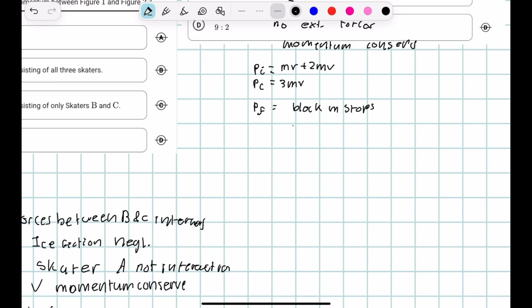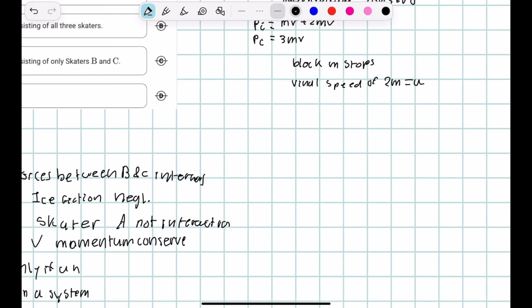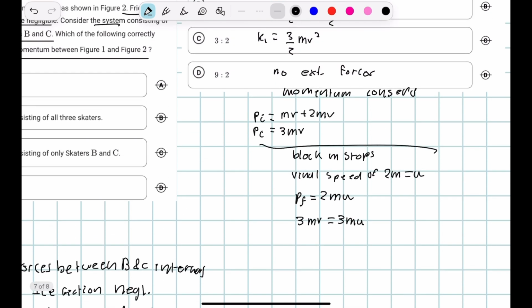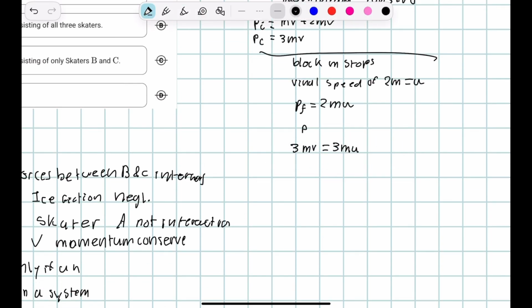And we know the final speed of 2m, let's just call that u for now. So then we can write pf is going to be equal to 2mu. So then if you set 3mv equal to 2mu, we're going to set p initial.